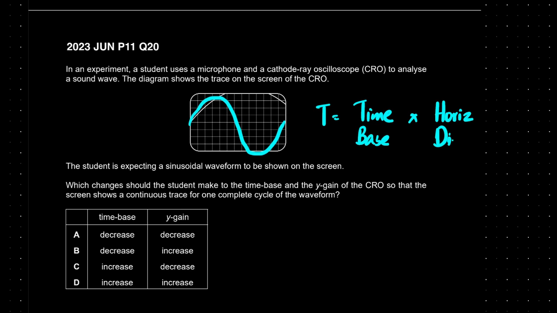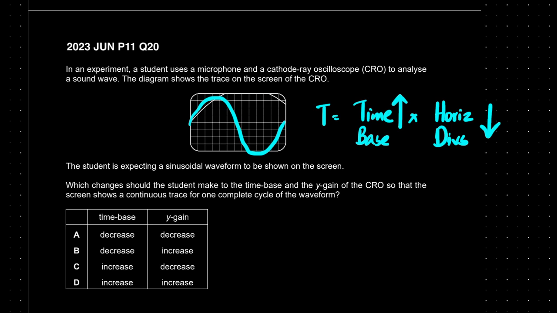If you want the number of horizontal divisions to decrease, and obviously this is the time period of whatever signal you are measuring, so the time base must go up. This is the first idea.